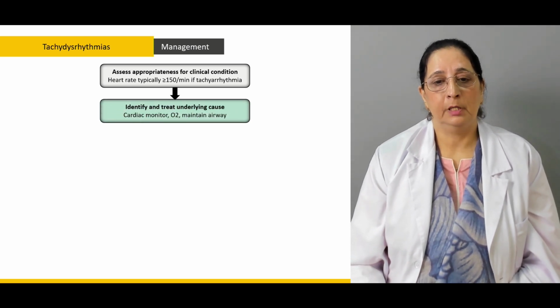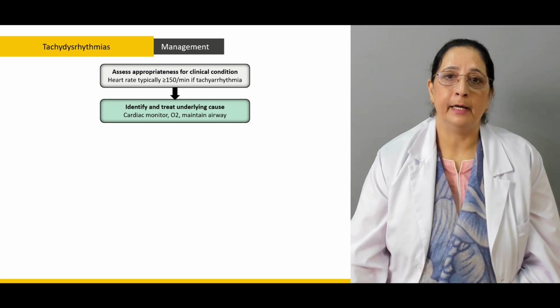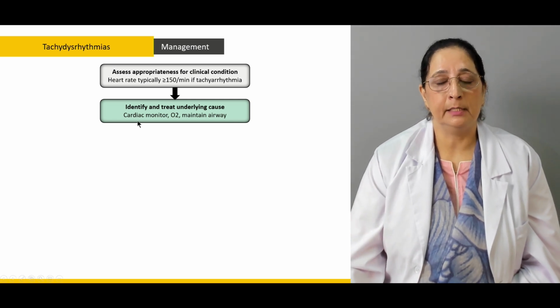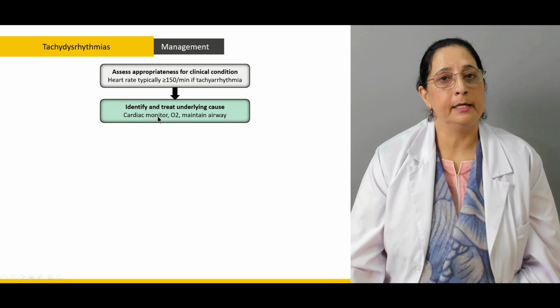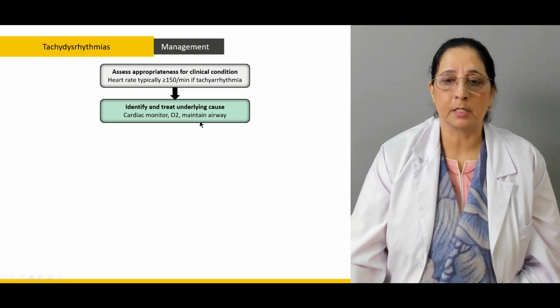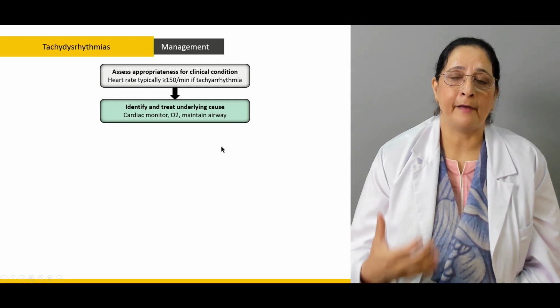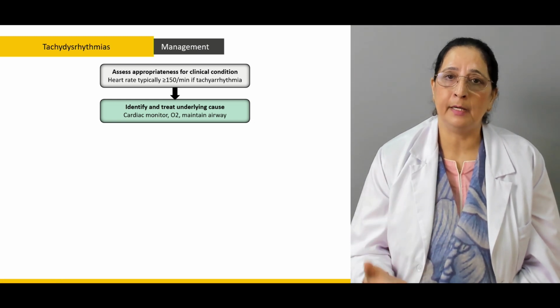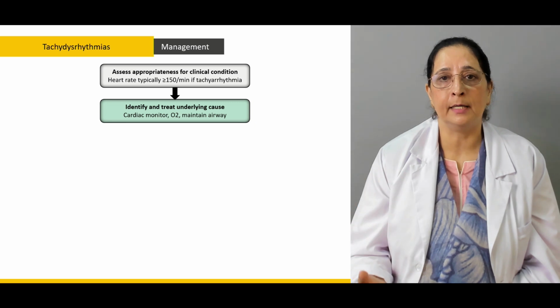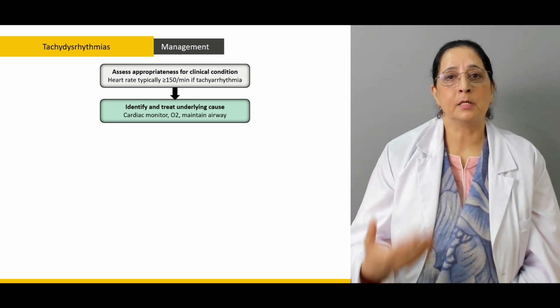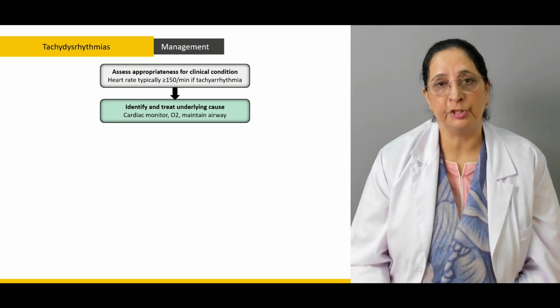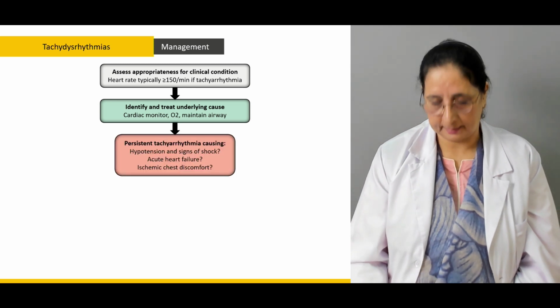Then we should identify the cause and treat the patient, put on the cardiac monitor, give oxygen, and maintain the airway. With such a fast heart rate, the pumping is not proper, blood is not pumping out, and oxygen supply is poor, so we should maintain all these things.